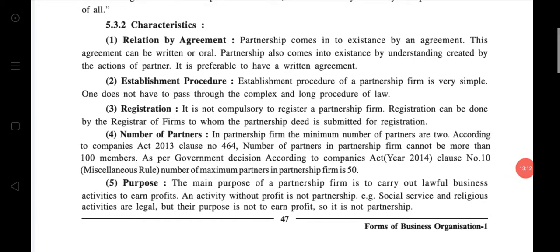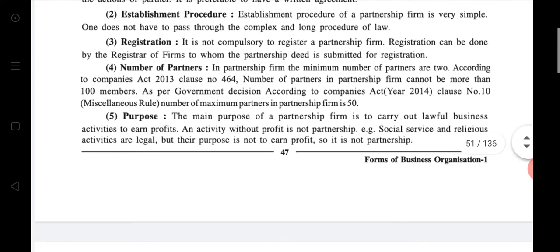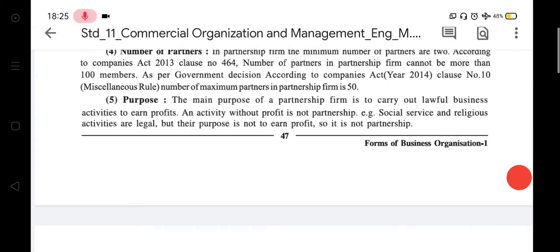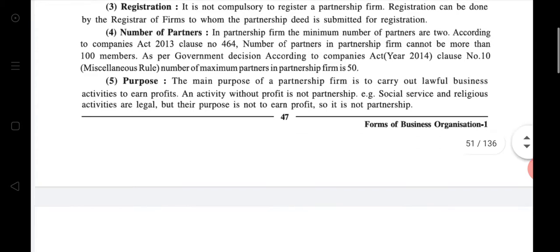Relation by agreement, then the establishment procedure is very simple. Registration is not compulsory, but it is advisable, recommendatory. Then number of partners: minimum 2 and maximum 100 as per Section 464, and as per Rule 10 it is 50.